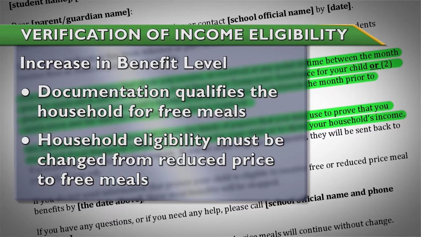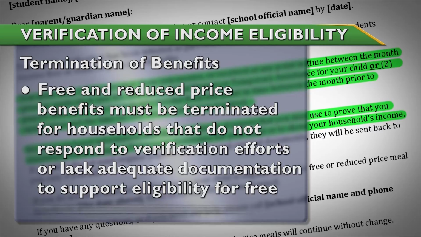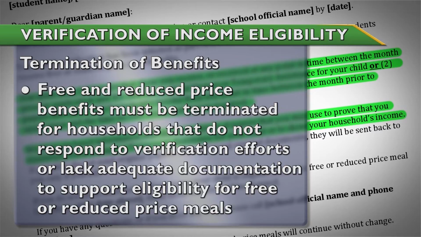The household's documentation qualifies the household for free meals rather than reduced price meals. Therefore, the household's eligibility must be changed from reduced price to free meals. Termination of benefits. Free and reduced price benefits must be terminated for households that do not respond to verification efforts or lack adequate documentation to support eligibility for either free or reduced price meals.